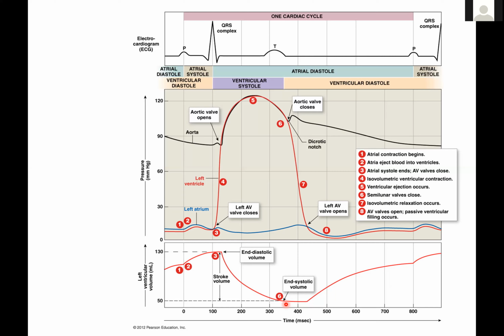So for example, if you had somebody who had a damaged left ventricle due to myocardial infarction, would you expect their end systolic volume to be higher or lower? Think about it.